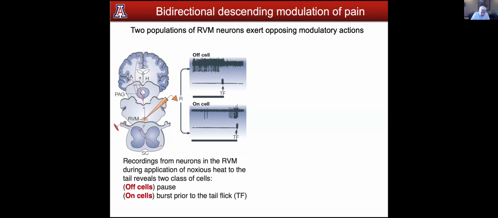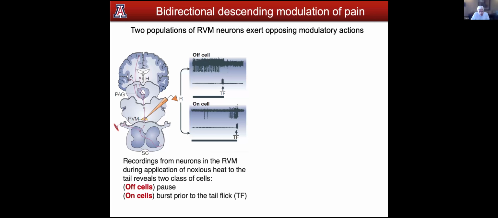The genius of the work of Howard and his colleagues, Mary Heinricher, Ian Meng, and others, was to characterize the firing of these cells in response to a noxious stimulus, pairing the electrophysiology with a behavior. The behavior was the simplest behavior possible, the tail flick. That allowed Howard and his colleagues to identify cells that would respond to the noxious stimulus.